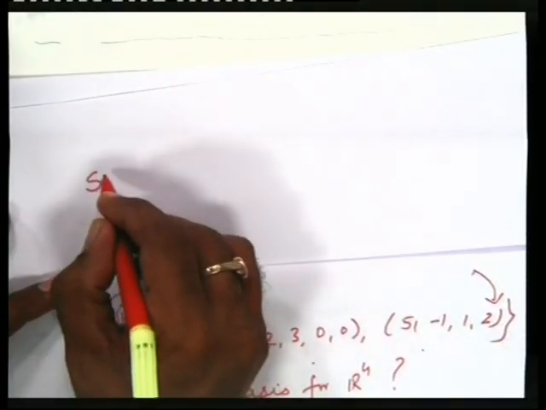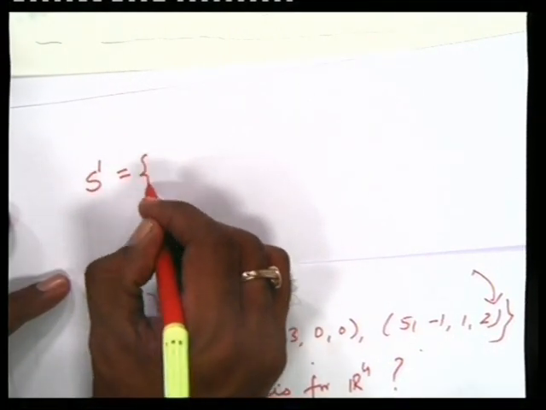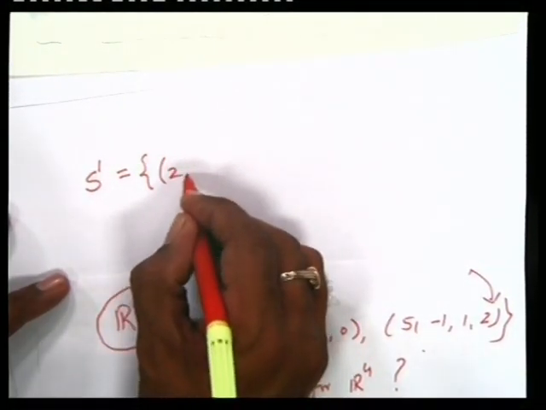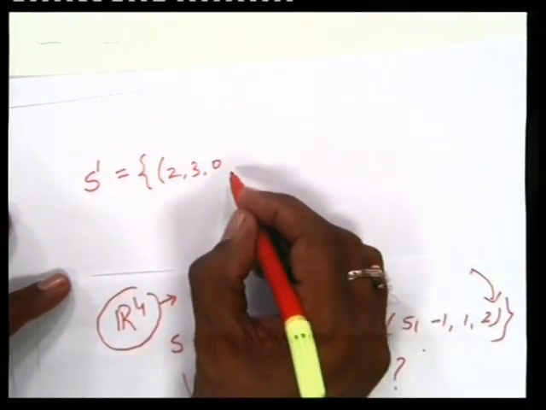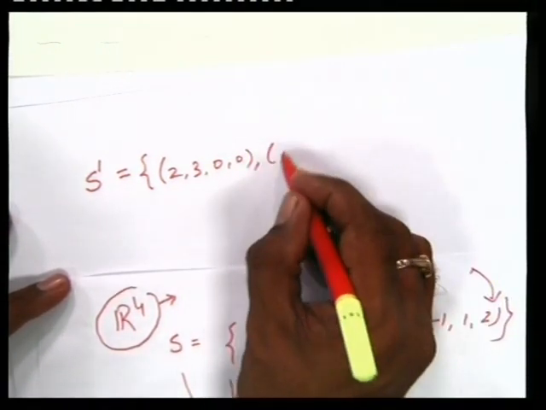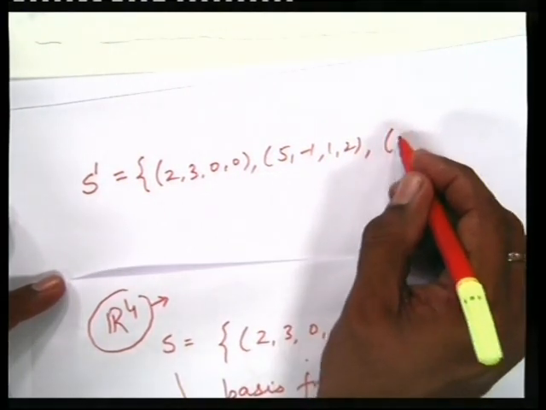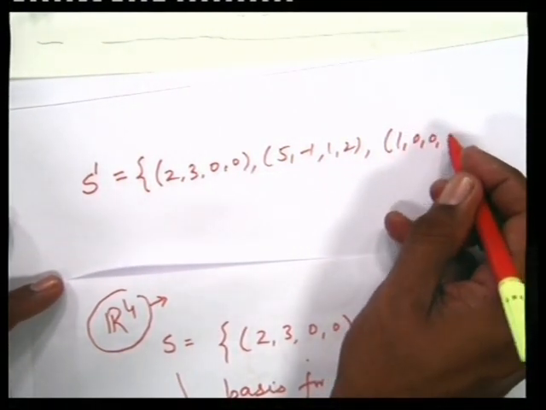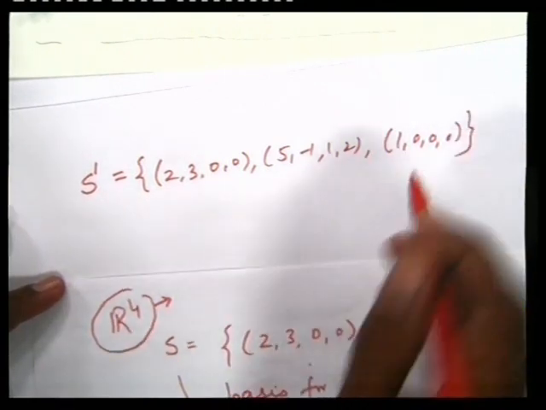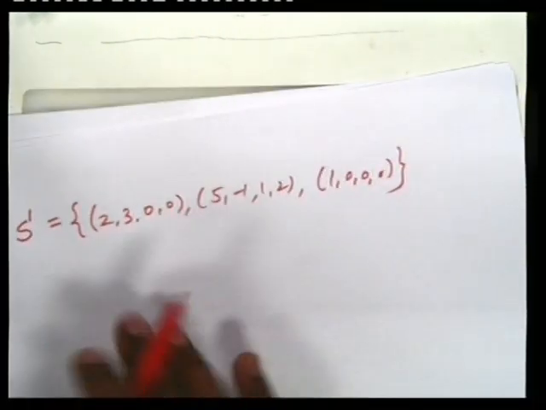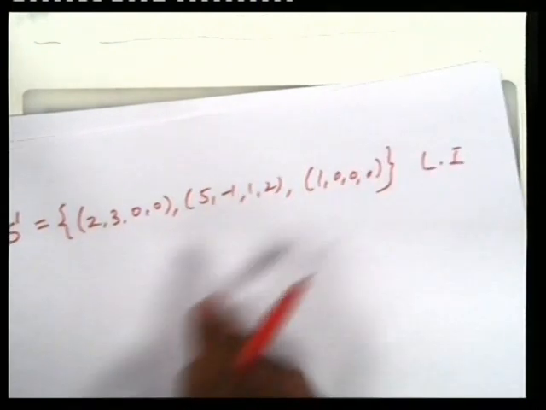If we add this vector to S, then our extended S, say S dash, is (2, 3, 0, 0), (5, minus 1, 1, 2) and (1, 0, 0, 0). This is again linearly independent.